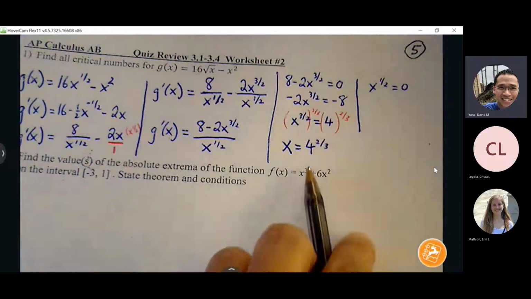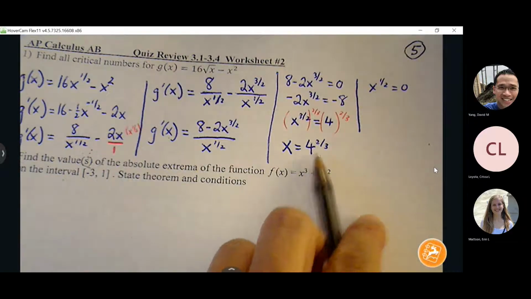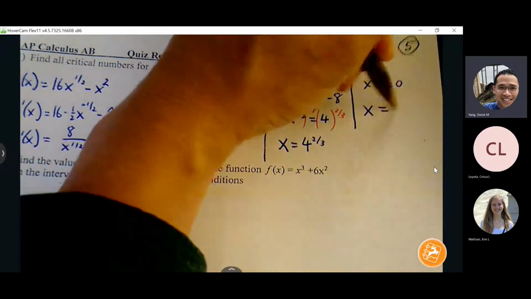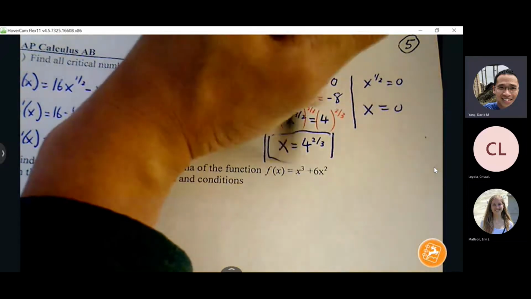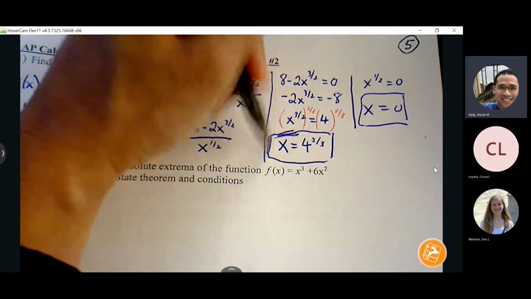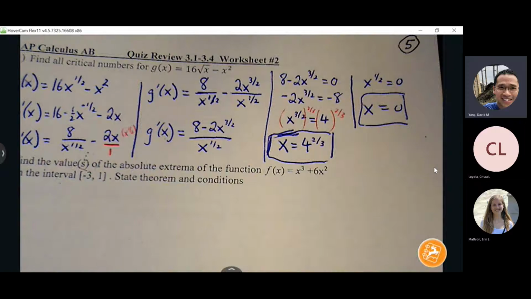That's not going to come out to be a nice, pretty number. Cube root of 4 squared, you can leave it like that. That's fine. And square both sides, x equals 0. So here are my two critical numbers. They only ask for critical numbers. It's not EVT or first derivative test or mean value theorem or Rolle's theorem. You can stop there.